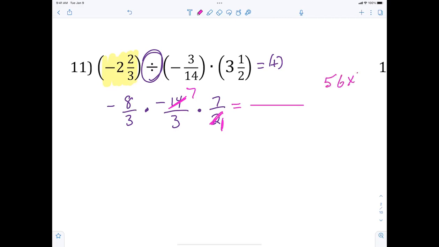So now we're doing 56 times 7. No, come on. Let's practice our mental math. 50 times 7. 6 times 7. 350 plus 42. That's perfect. And then the denominator would be what?